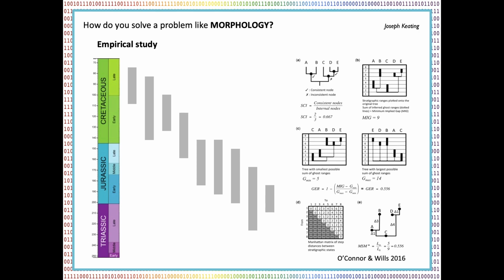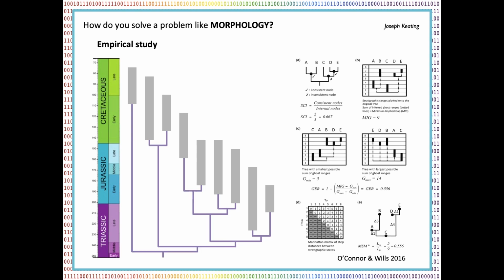Consequently, given a choice between competing tree topologies, we may prefer a tree topology that is congruent with stratigraphy over a topology that is incongruent with stratigraphy. There are a number of different indices that can be used to quantify stratigraphic congruence, including the stratigraphic consistency index, the gap excess ratio, the relative completeness index, and the Manhattan stratigraphic measure.